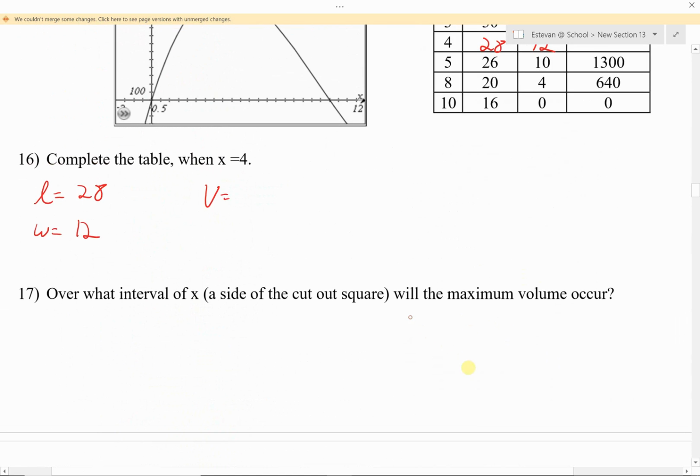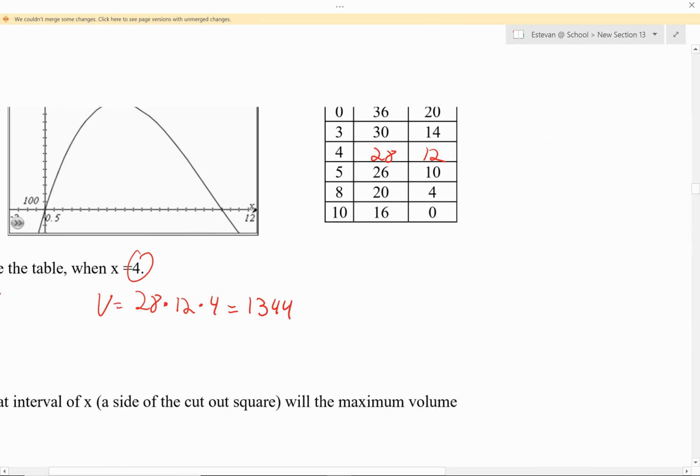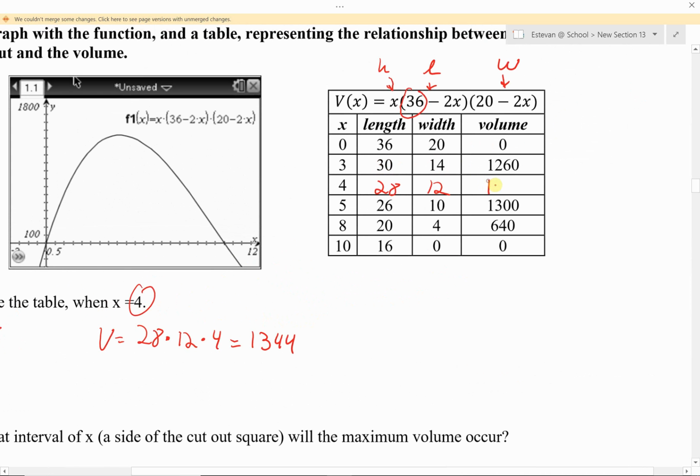So my volume is my length, which is 28, times my width, which is 12, times my height. In this case, it's 4. And that turns out to be 1,344. Just finish it off. 1,344.